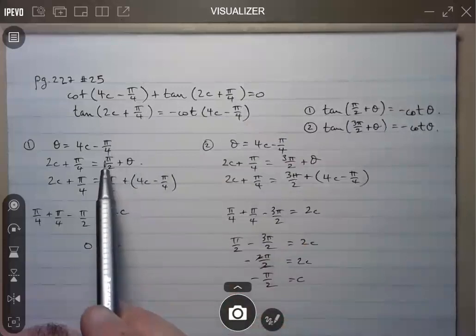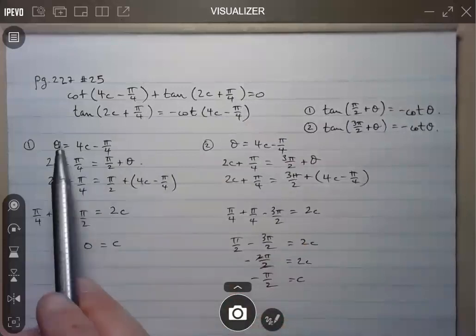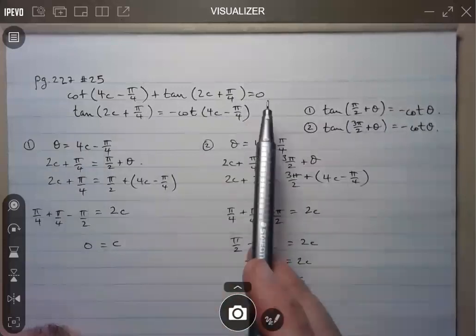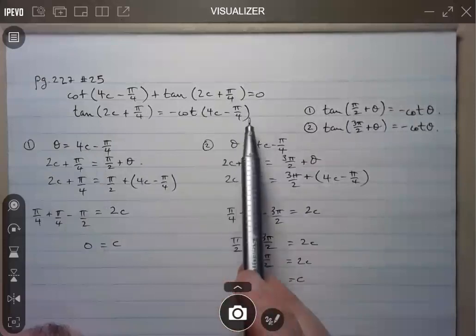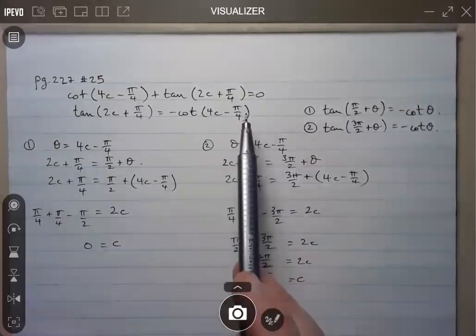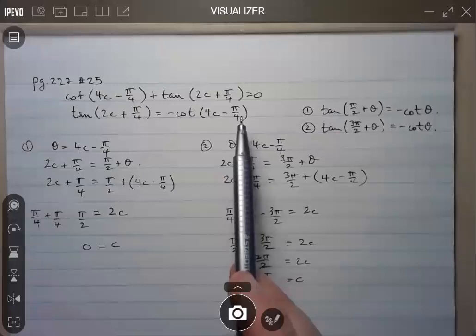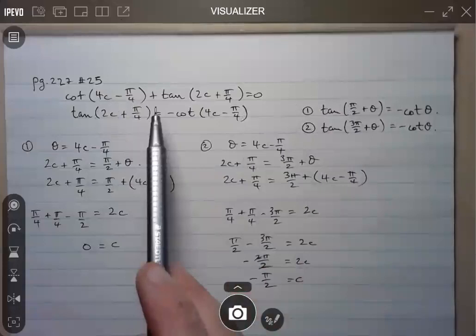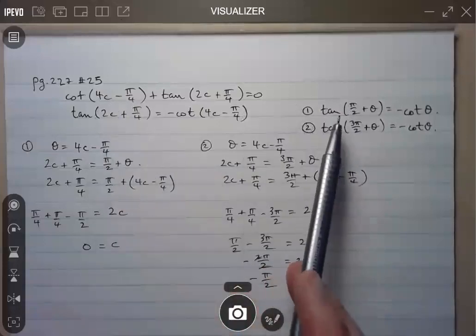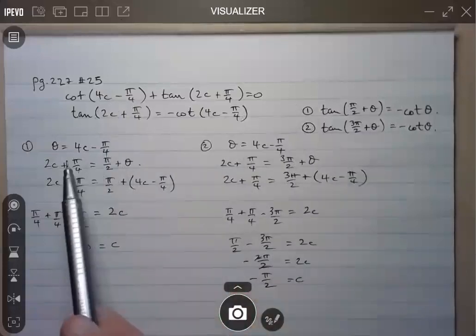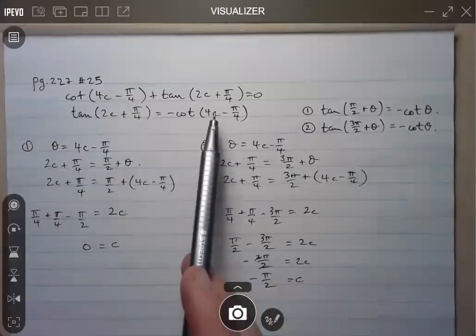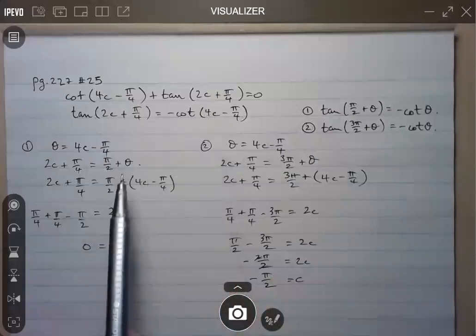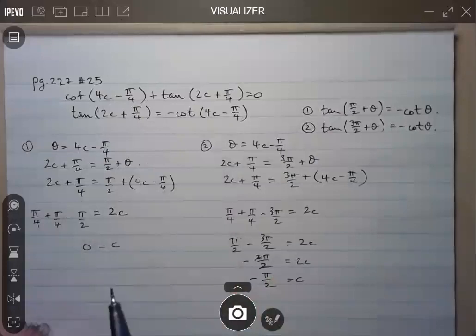So that's how I set up my system of equations: I choose theta, the input to cotangent, to be whatever the input is here. I can do that since it can be any input at all. And then what the identity tells me is if the input to tangent is pi over 2 plus that angle, then these two sides are automatically equal to each other. And that's how I end up with this system of equations.